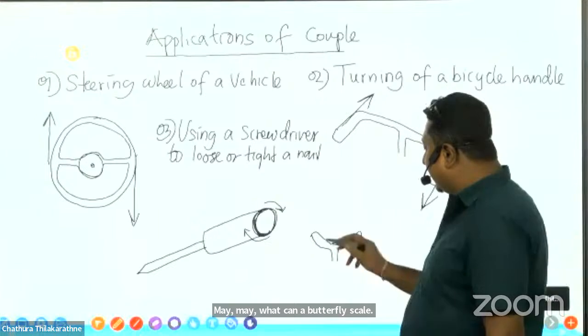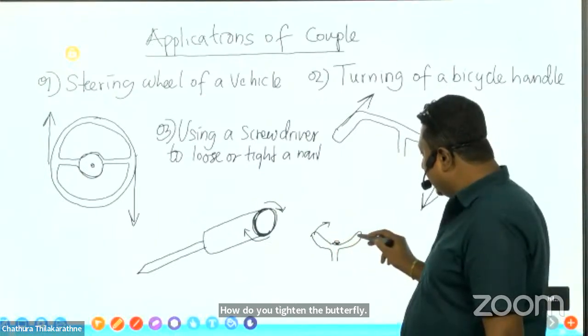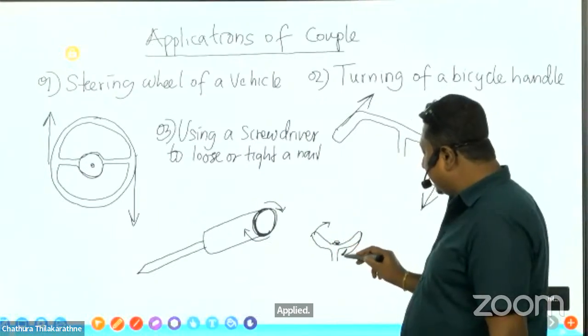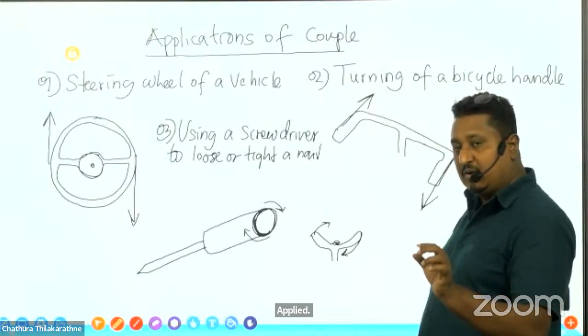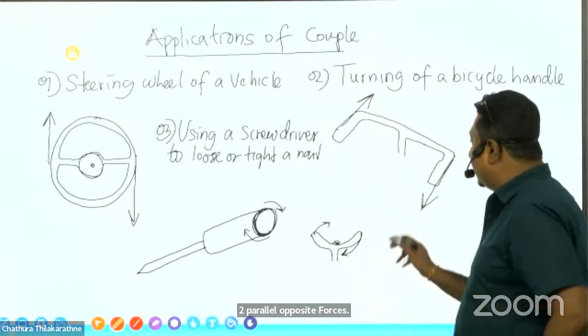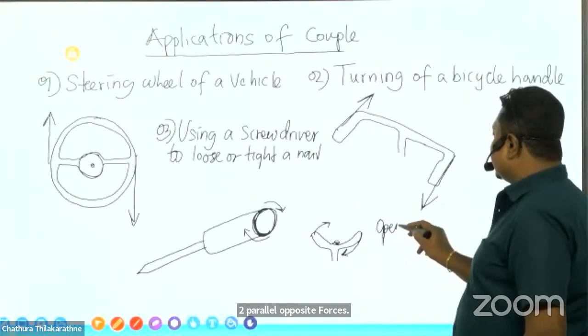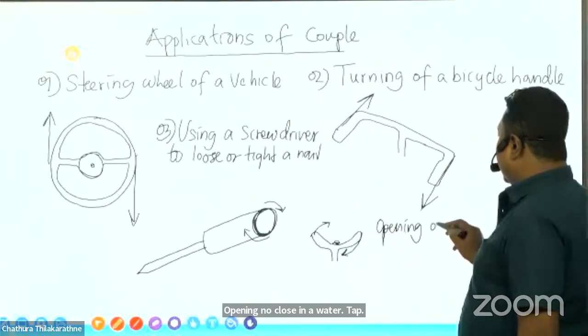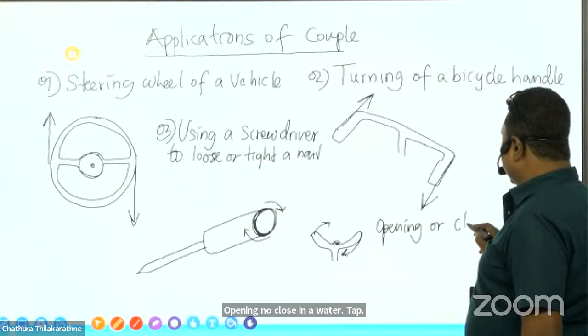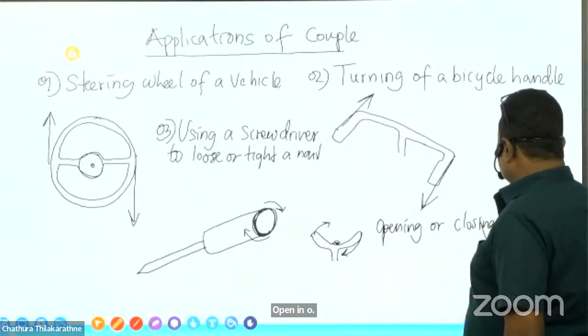How do you tighten the butterfly nut? Applying two parallel opposite forces. Opening or closing a water tap.